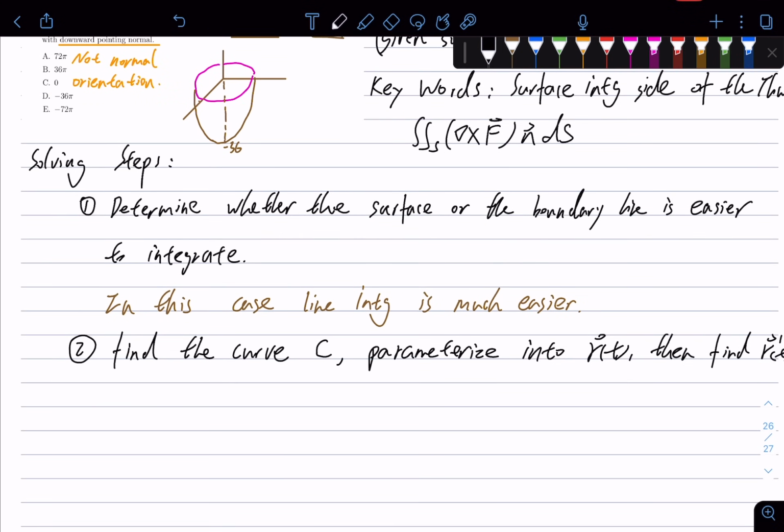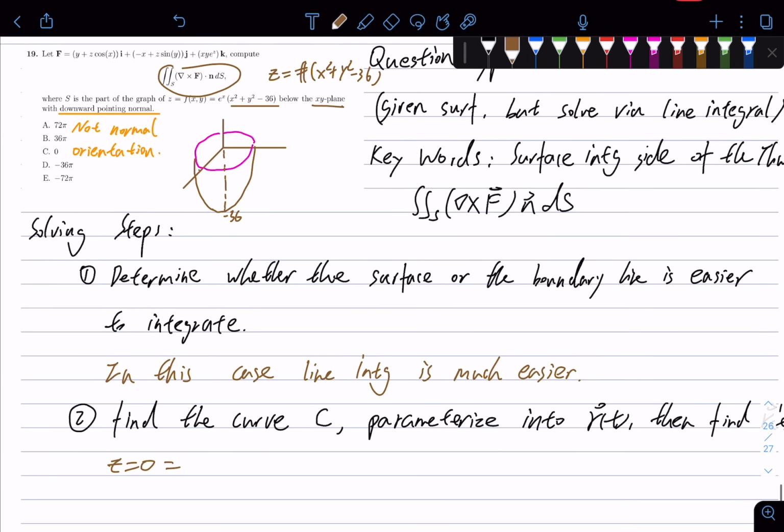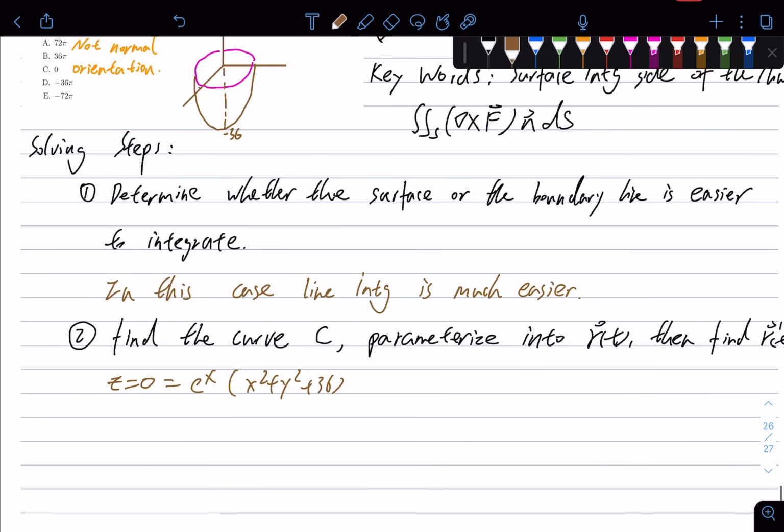To get the equation of this pink circle, we start by setting z equal to 0, which equals e to the power of x squared plus y squared, plus 36. I think everybody can agree that this is a number greater than 0, a quote-unquote constant, so we can divide both sides by it.